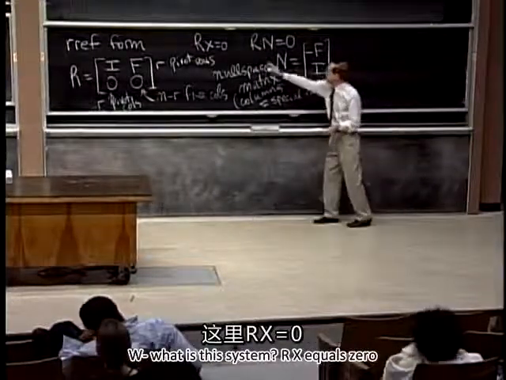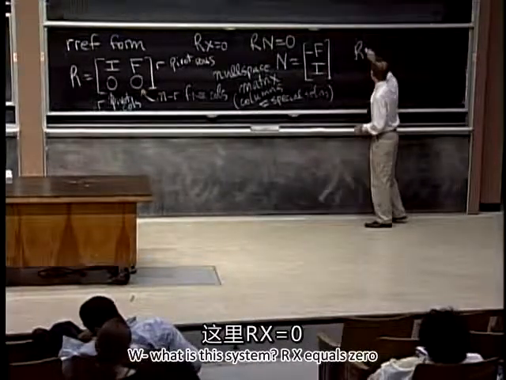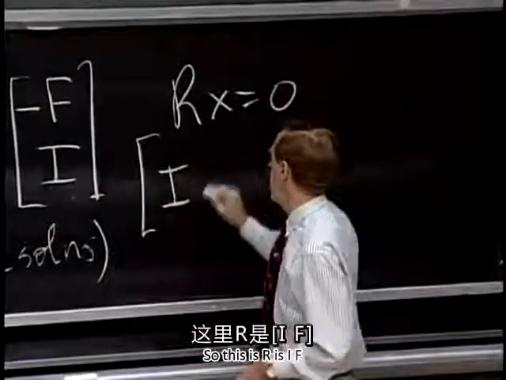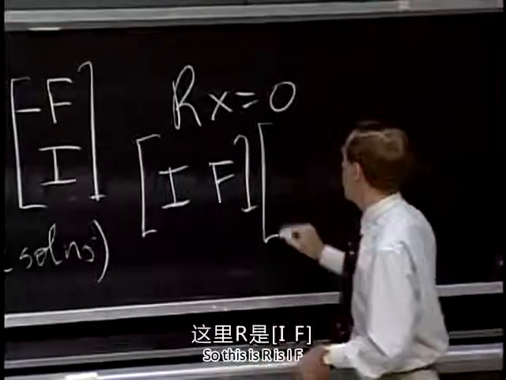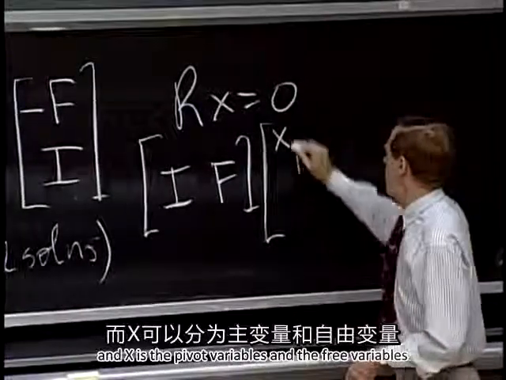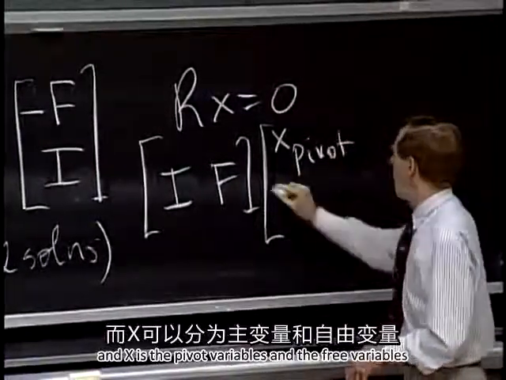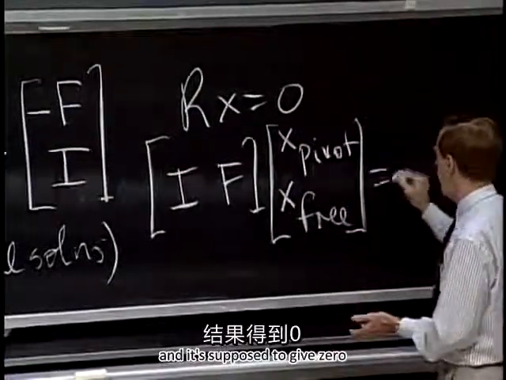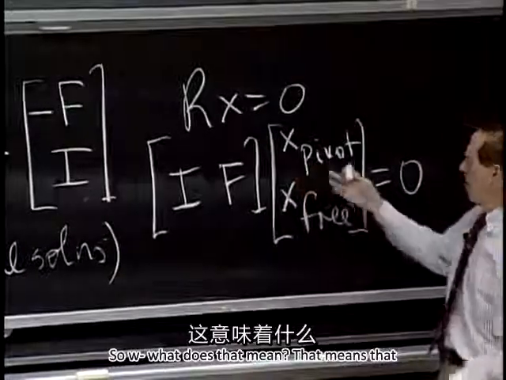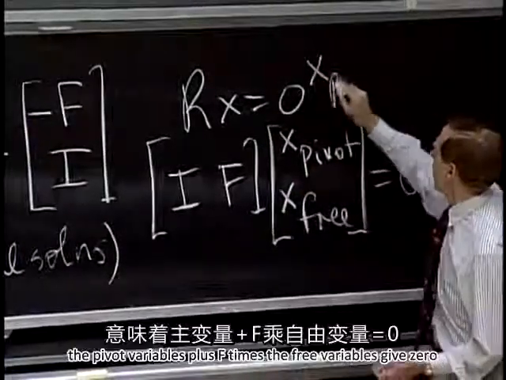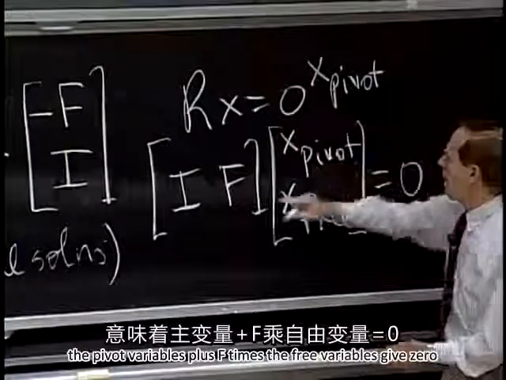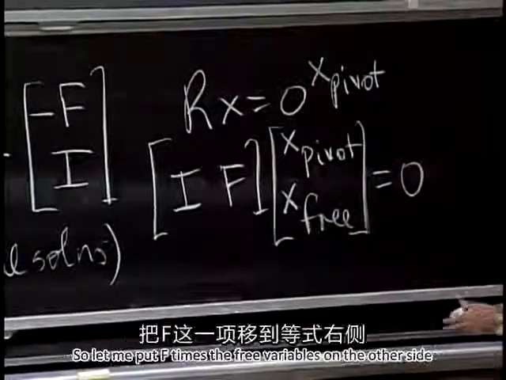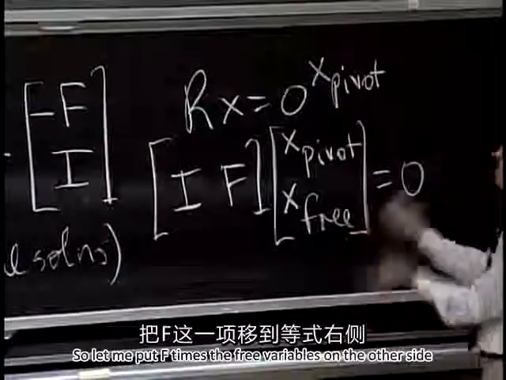What is this system? Rx equals 0. So R is I, F, and x is the pivot variables and the free variables, and it's supposed to give 0. So what does that mean? That means that the pivot variables plus F times the free variables give 0. So let me put F times the free variables on the other side.